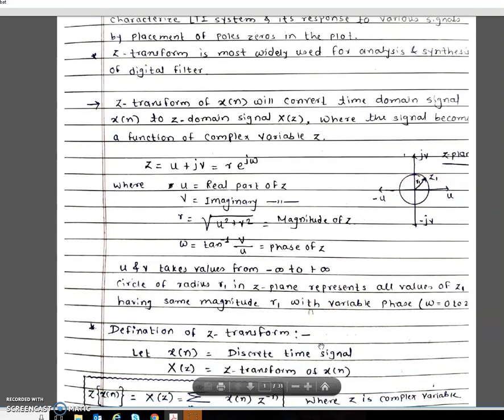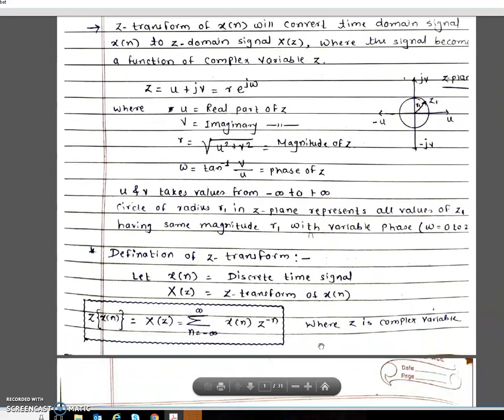The definition of Z transform: small x of n is a discrete time signal, and capital X of z is the Z transform of x of n. What is the formula for that? The Z transform of x of n is equal to capital X of z equals summation of x of n into z raised to power minus n, where n changes from minus infinity to infinity.